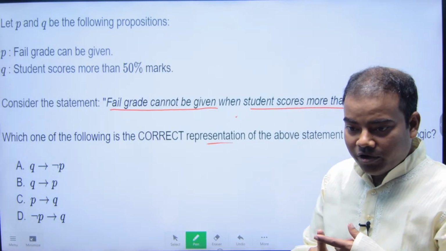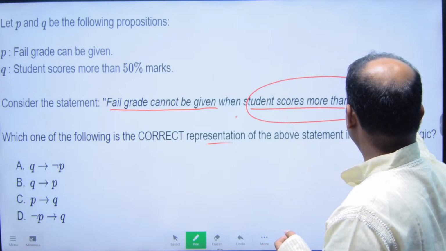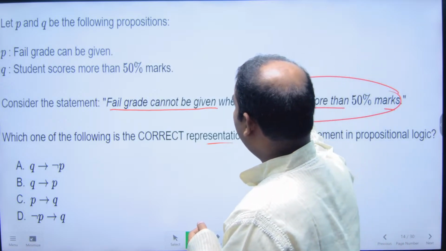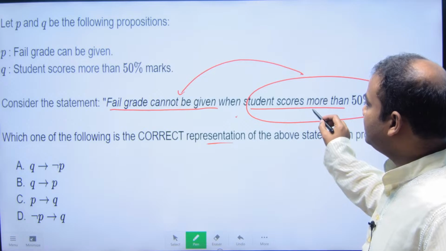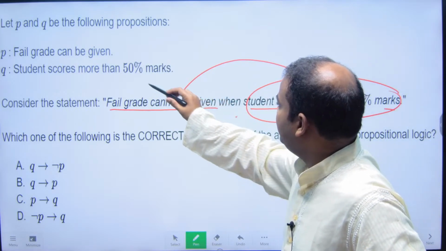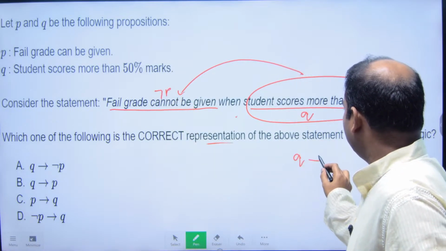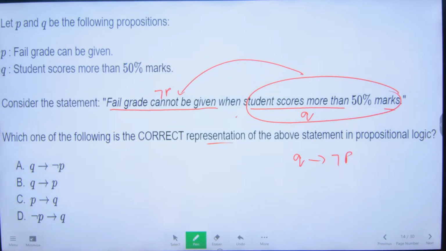It means if students get more than 50 marks, then this cannot be given. So it means this is what? Q, then this is actually not of P. So this will become what? Is it clear? So this is which option? Yes, A. So no other option is correct.